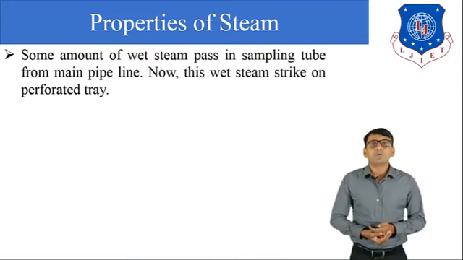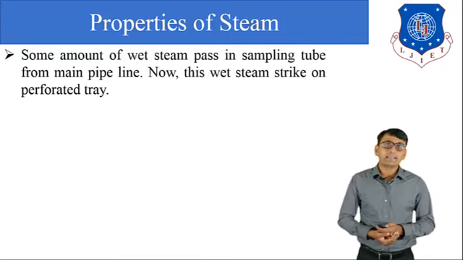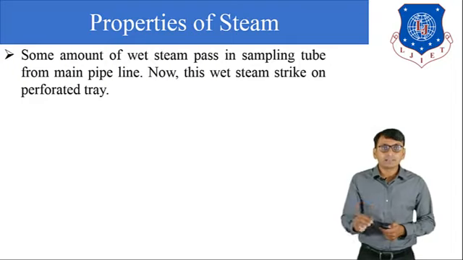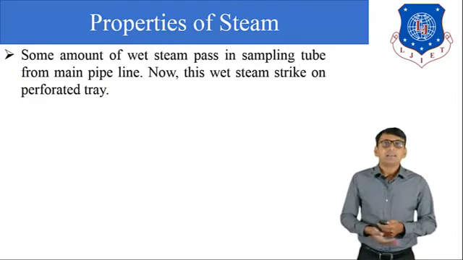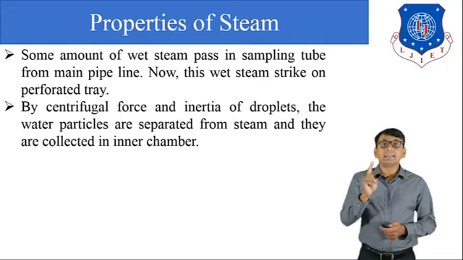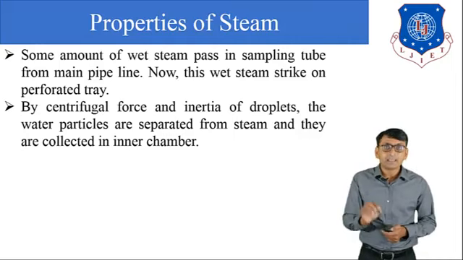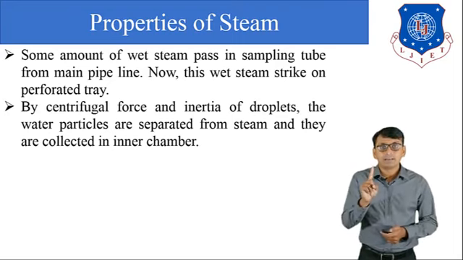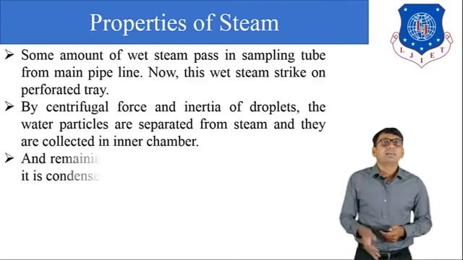Some amount of wet steam passes into the sampling tube from the main pipeline. This wet steam strikes the perforated tray. By centrifugal force and inertia of the droplets, the water particles are separated from the steam and collected in the inner chamber, and this is denoted by MW.